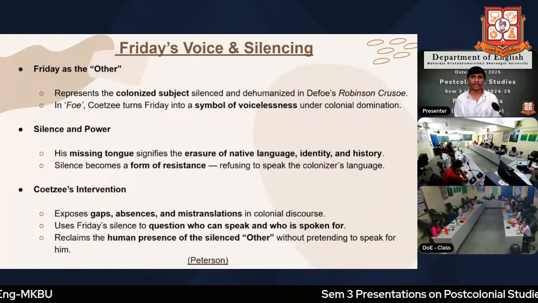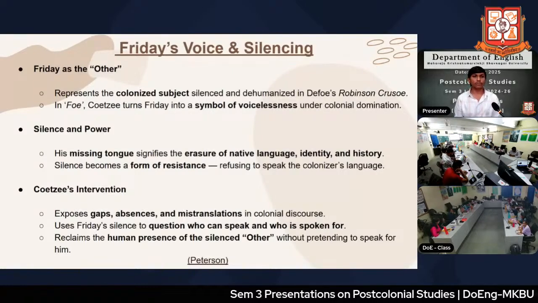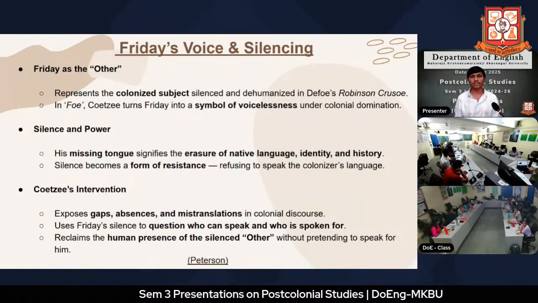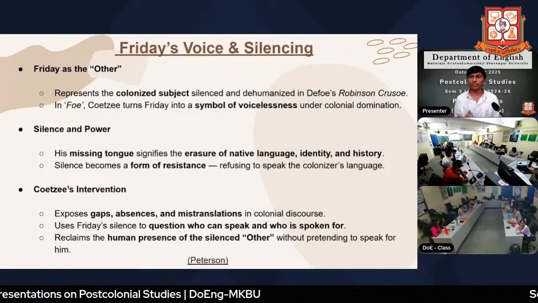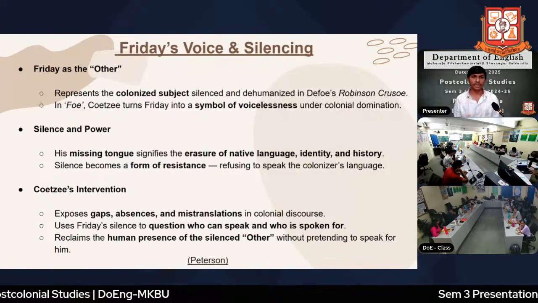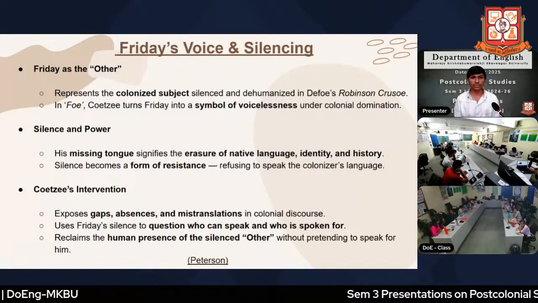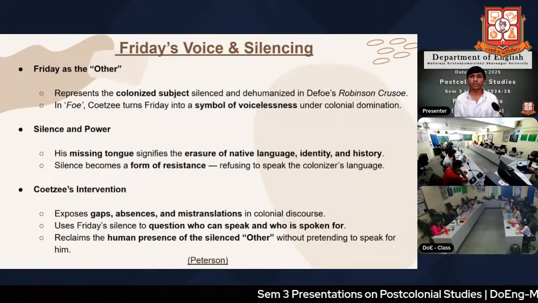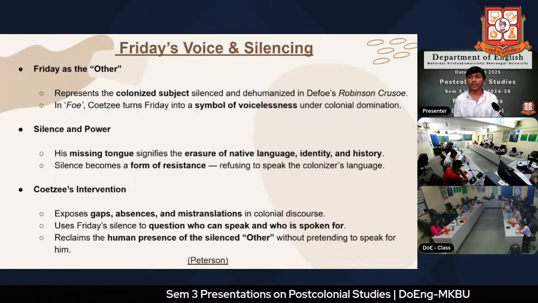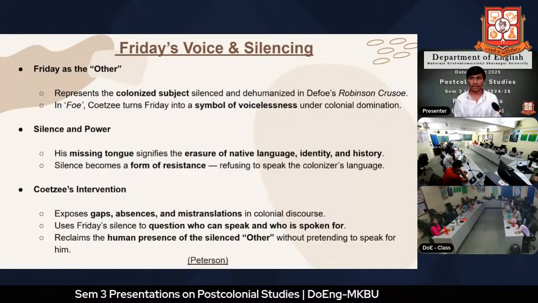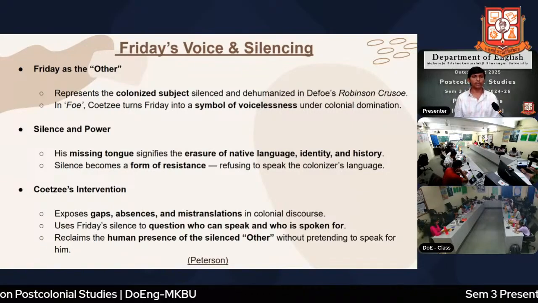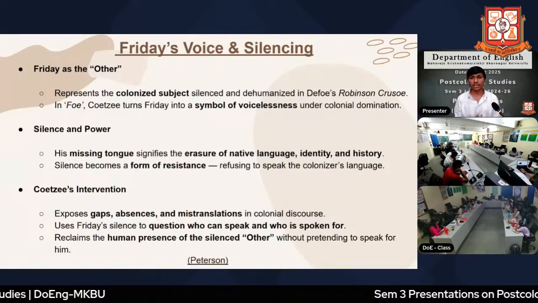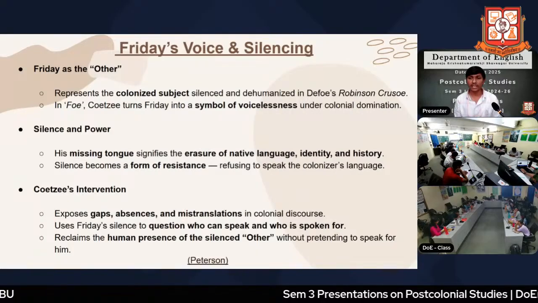Friday's voice and silencing. Friday represents the colonized subject, silenced and dehumanized in Defoe's Robinson Crusoe. In Foe, Coetzee turns Friday into a symbol of voicelessness under colonial domination, silence, and power. His missing tongue signifies the erasure of native language, identity, and history.